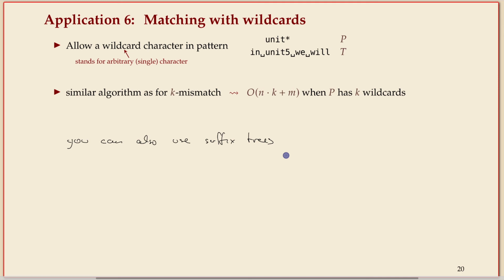If you have a character, you just go down a path. That's as before for exact matching. And if you have a wildcard, you follow all the child links. So this immediately explodes if you have many wildcards. But if you have few wildcards, it's actually okay. So you would follow sigma to the k paths in the tree when you have k wildcards.